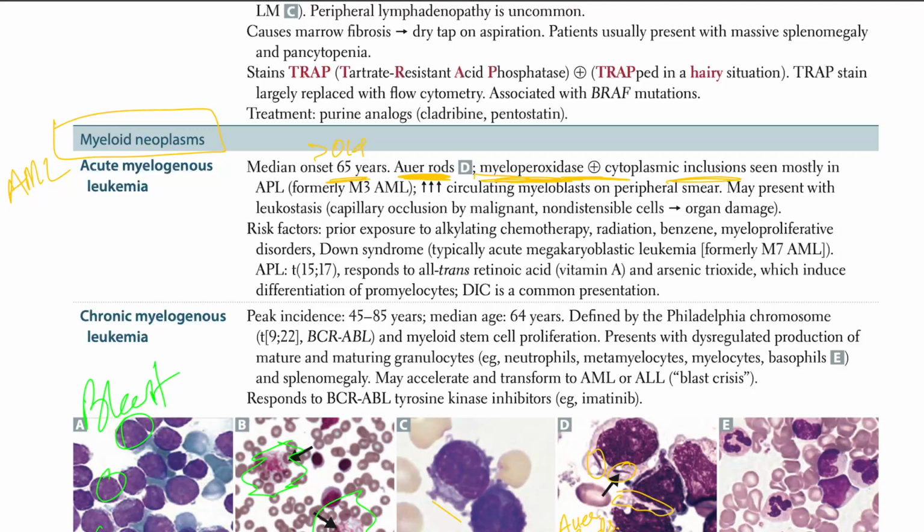As I mentioned, they are the purple-red inclusions as seen there. They form crystal aggregates.